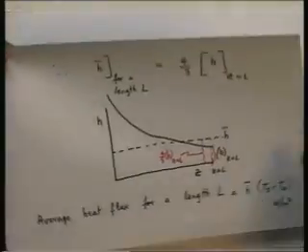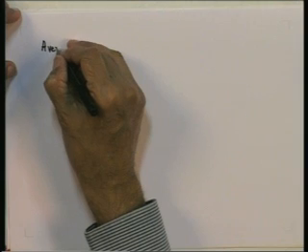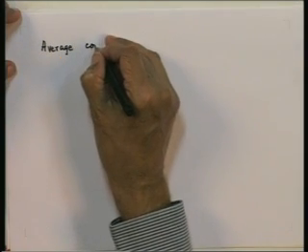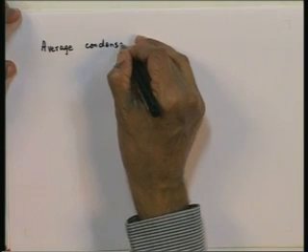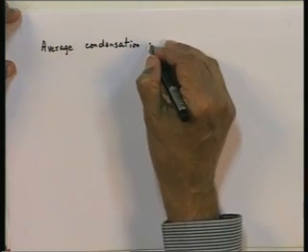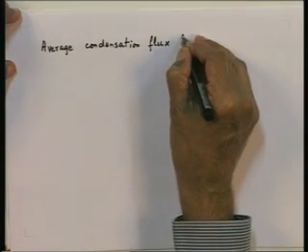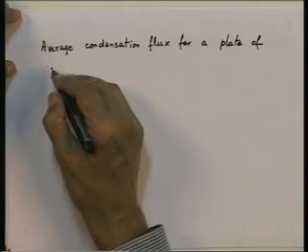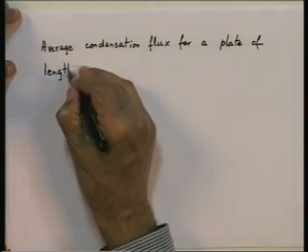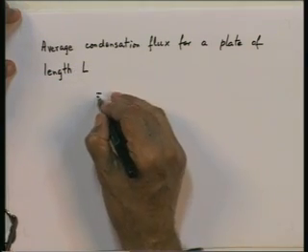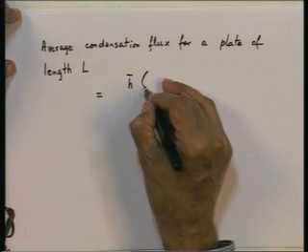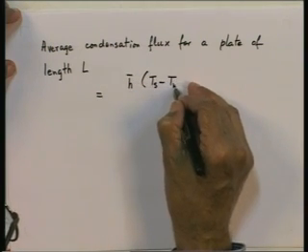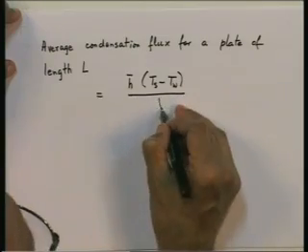Or if I were to ask you what is the average condensation flux for a plate of length L, you will say it is nothing but the average heat flux, that is h bar into T s minus T w, so many watts per meter squared, divided by the latent heat of vaporization.